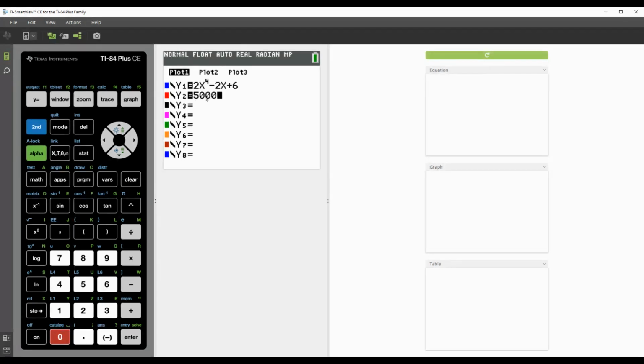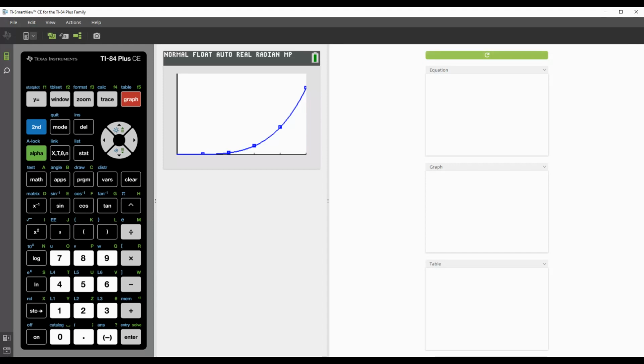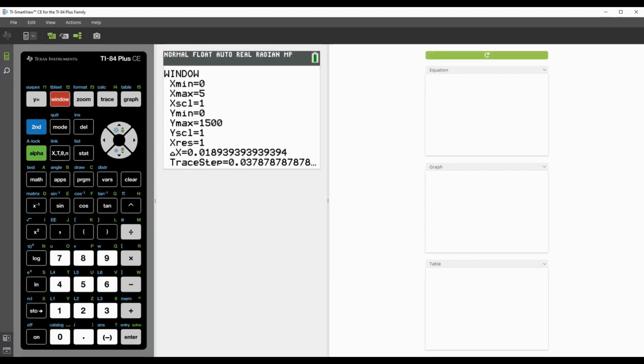It's being measured in thousands, so 5,000 is actually 5 million. Remember, this is going to make a horizontal line straight across. And I don't see it. Why don't I see it? Because remember, my window only went up to 1,500. Now I need my window to go up to at least 5,000. But I'm going to make it 6,000 to make sure I can see it clearly.